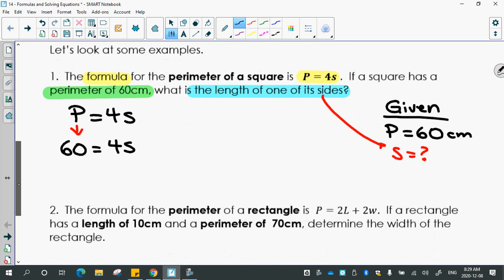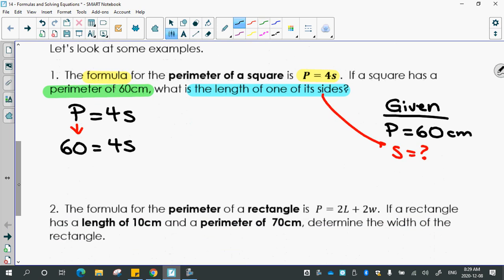And what you're left with is an equation that just has a variable in one spot only. S is our only missing variable, okay? And it's being multiplied by 4. So we want to undo multiply by 4 by dividing by 4 on both sides. And that gives us S equals 15.